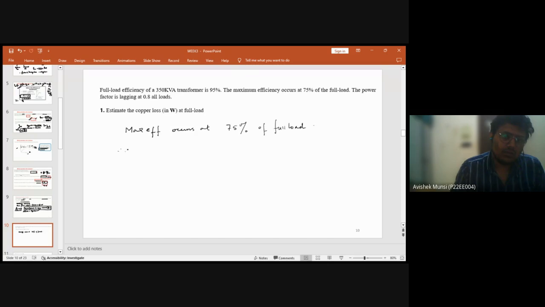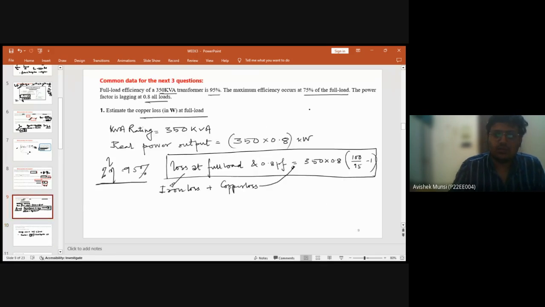So at maximum efficiency, the iron loss should be equal to the copper loss at that load. So the iron loss will be equal to x square into the rated copper loss. Let us consider this as equation 2 and the earlier one as equation 1.